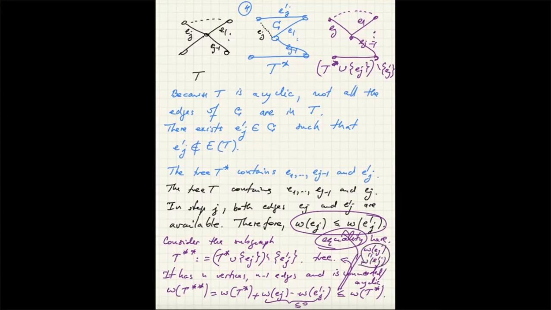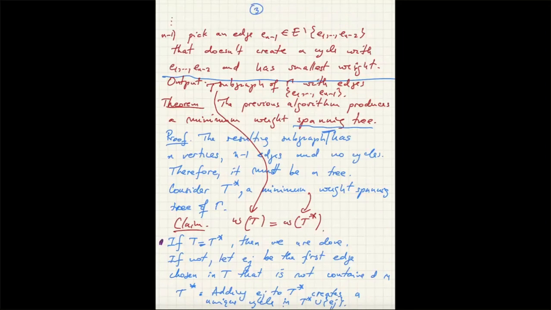Okay, so then what do we do? Well, what we found is that T star star is a minimum spanning tree, but it agrees with the tree that is produced by the algorithm, not only on the first J minus 1 edges, but it agrees on the first J edges. And then we can go back to our initial step here. We ask if our tree is the same as T star star, then we are done.